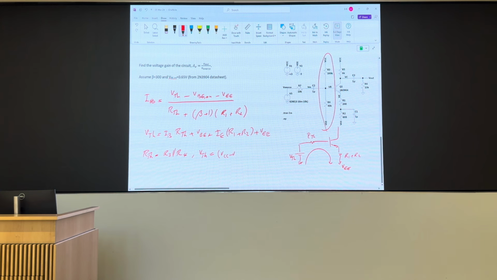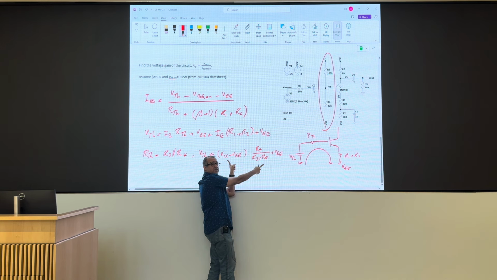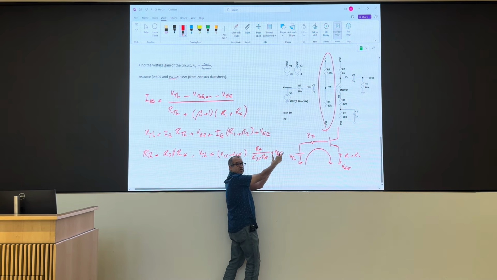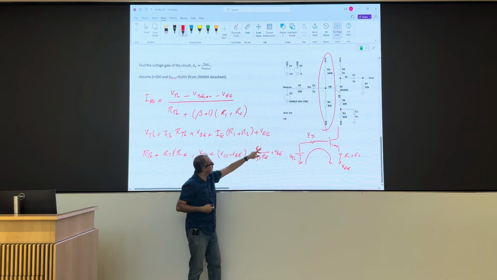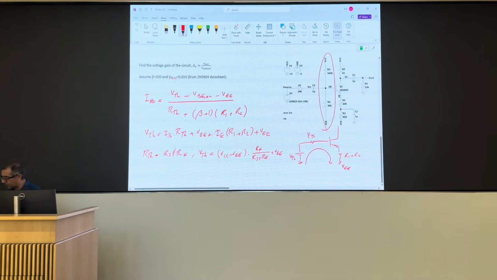So VCC minus VEE times the voltage divider ratio R4 over R3 plus R4, plus VEE. So I calculate the voltage drop across the bottom resistor and then shift it by VEE because I have two power supplies. Okay? So in this case, I subtract 3 volts from it. VEE is minus 3. Just remember VEE is negative. VCC is plus 3, VEE is minus 3.